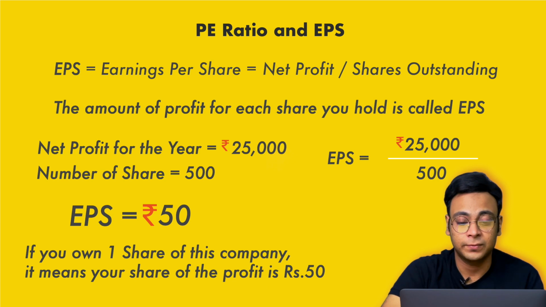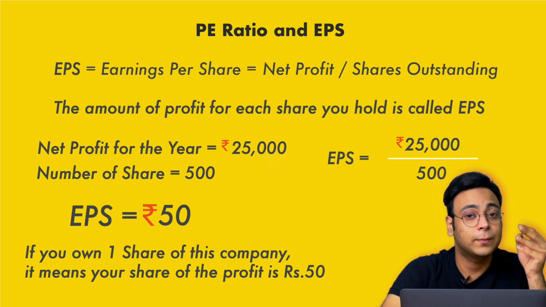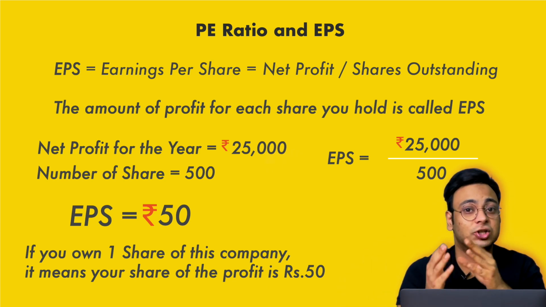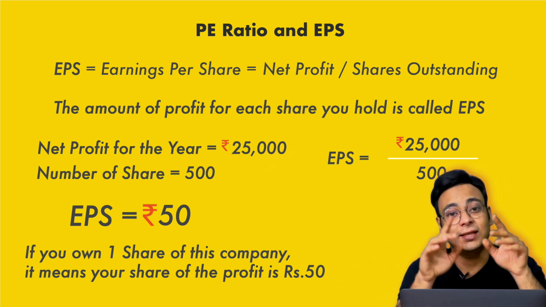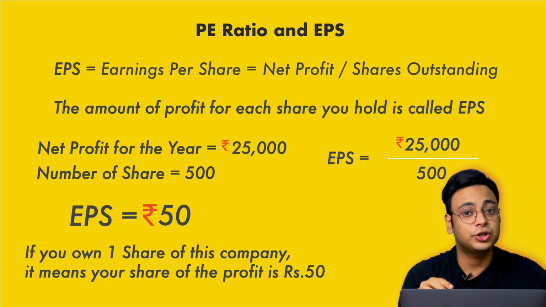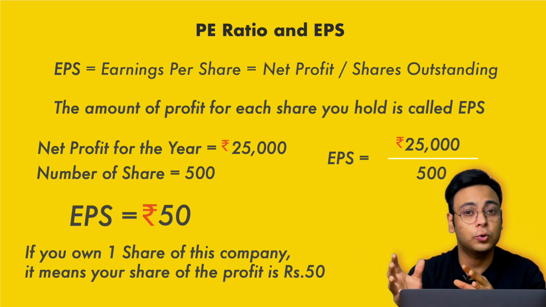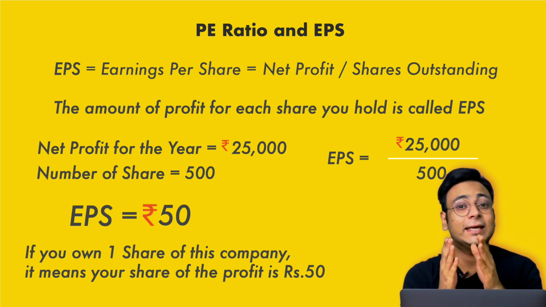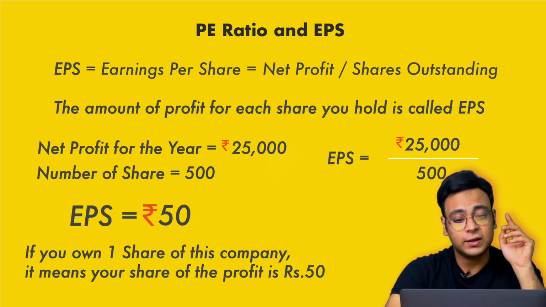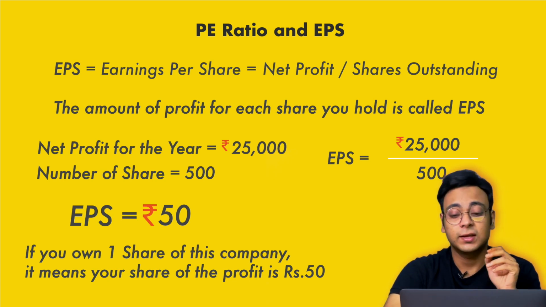Net profit we can get from the profit and loss statement, and the shares outstanding is basically the share capital that we get in the balance sheet. So we take one from the balance sheet, one from profit and loss, do a calculation, and we get the EPS of a company.